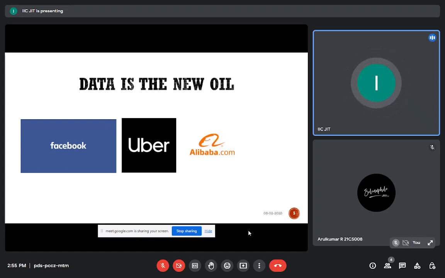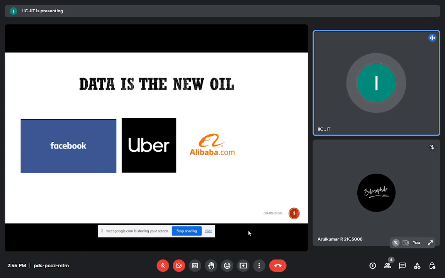Uber has millions of people using cars every month. But does Uber own any of these cars? No. None of these cars belong to Uber. Uber is the largest car company in the world, but they do not own a single car.